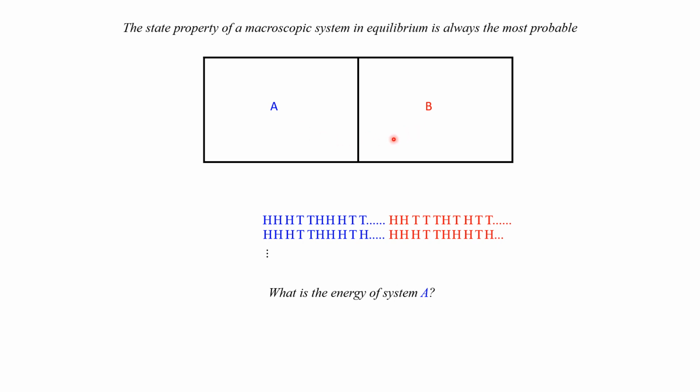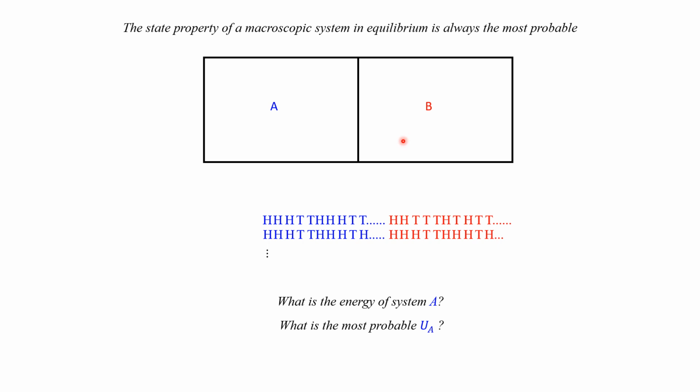The total system is isolated from the universe, but now we have macroscopic systems. Now we suppose that a daemon draws the list, makes the list of the states of the total system, following the same logic we've just developed, but now the list is huge, so that's why we need a daemon. And now we ask, what is the energy of system A?